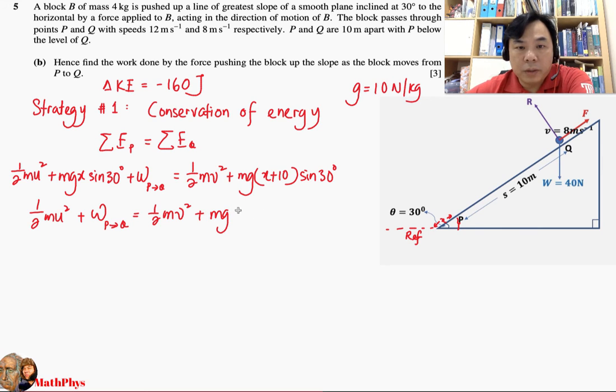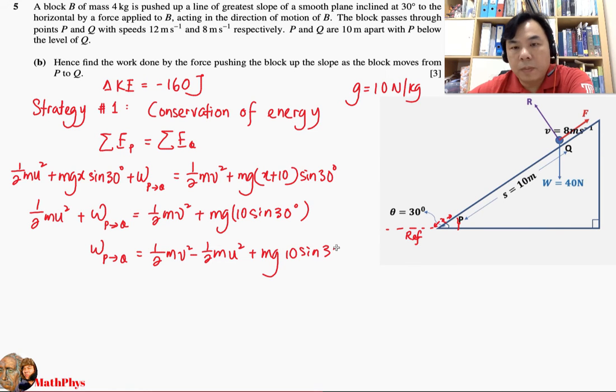Since we don't have x sine anymore, we only have 10 sine 30. And then from here, the amount of work done will be given by, all right. So I hope that is clear.